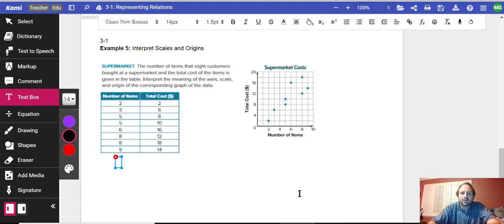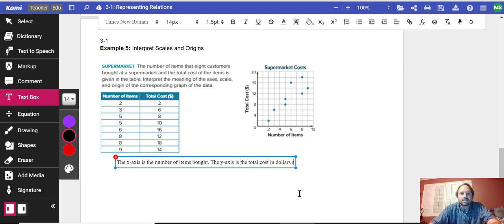Well, we know that the x-axis is the number of items bought. The y-axis is the total cost in dollars spent.